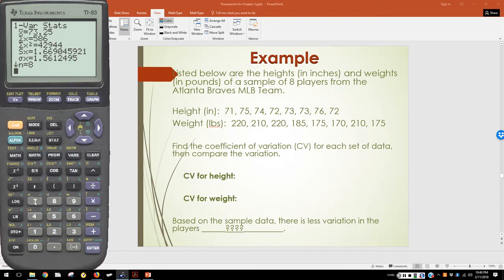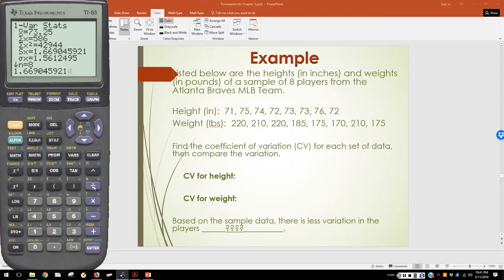So I take the standard deviation of 1.669045921, and again, I'm emphasizing to you, you don't round anything off.